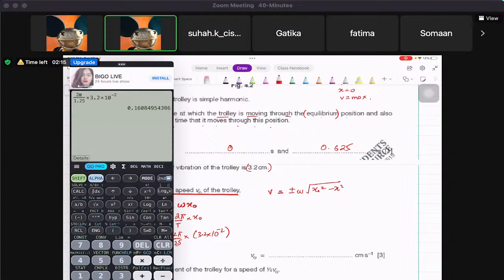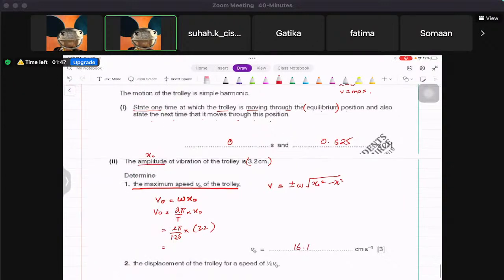So this is basically 0.16, right? 0.16. Oh no, wait, this was in centimeters per second. My bad. So we don't need to convert it. I hate them. Okay, so this will be 16.1 centimeters per second.